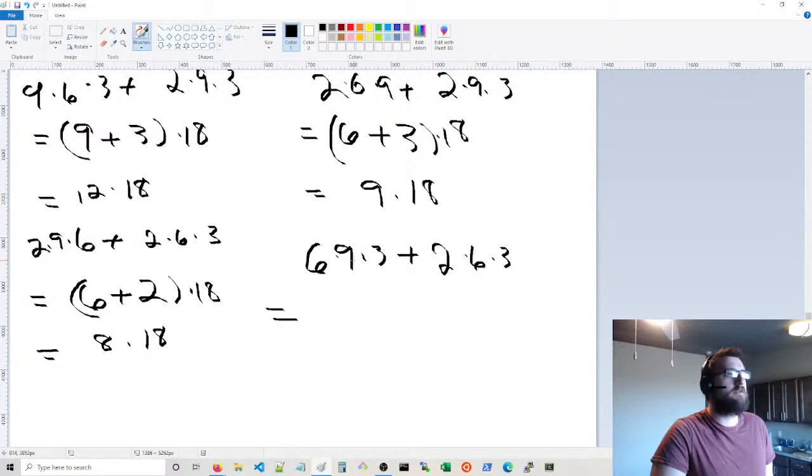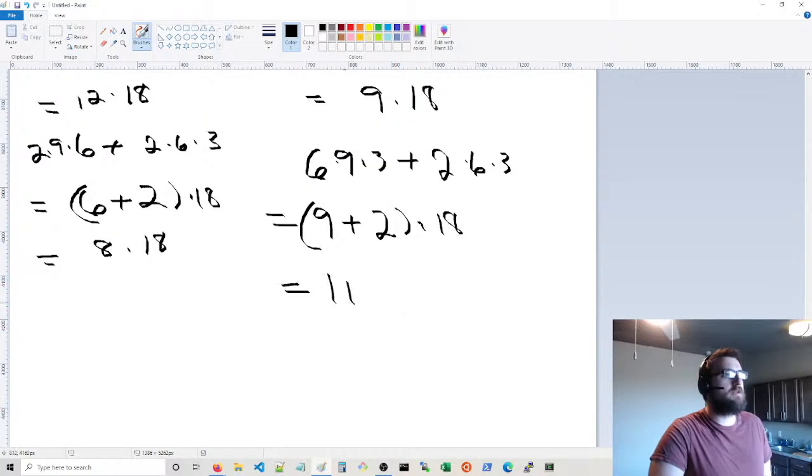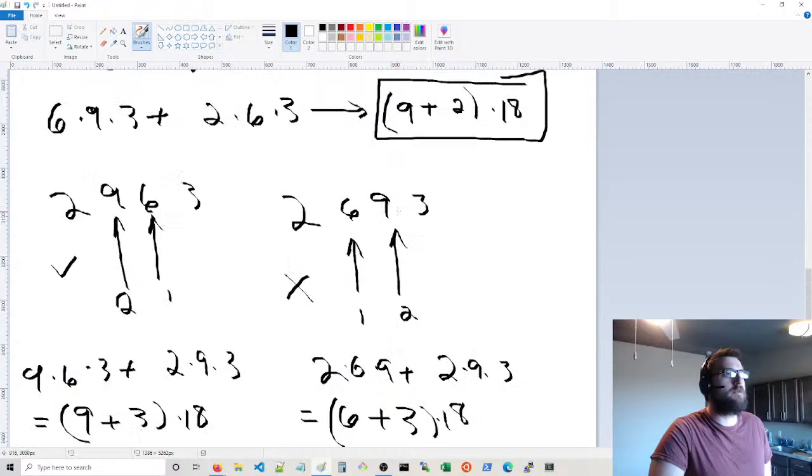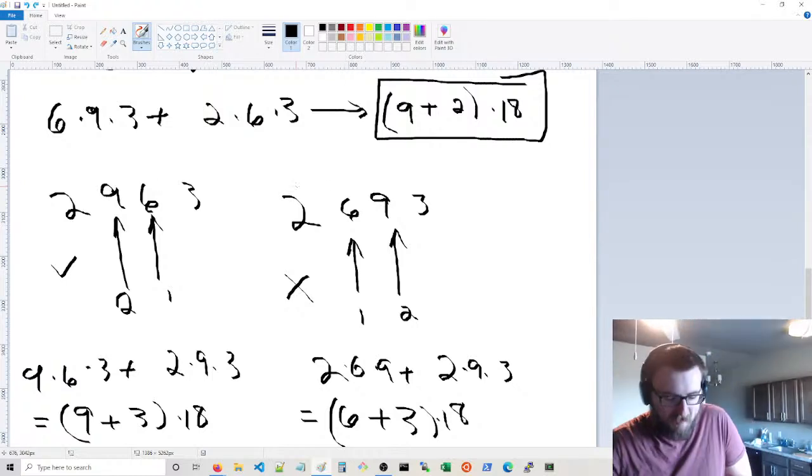And that gives you 9 times 18, and then this is also 18. So 9 plus 2 times 18, which is 11 times 18. So this is the one you want to pick first. So you would want to take 9 first. That is really tricky.